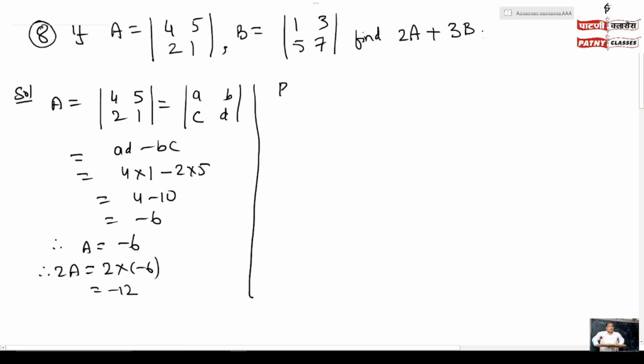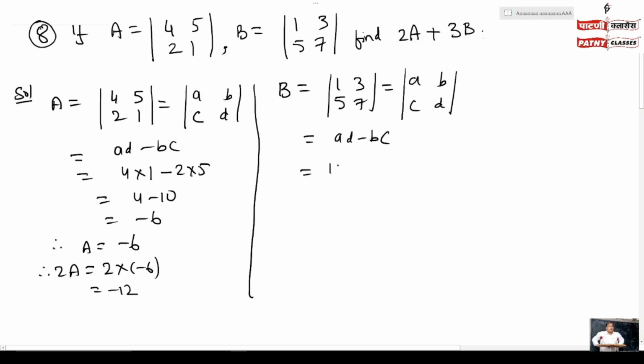Now given B equals 1, 3, 5, 7. Again comparing with a, b, c, d, the determinant is nothing but AD minus BC, 1 into 7 minus 5 into 3 equals 7 minus 15 equals minus 8.